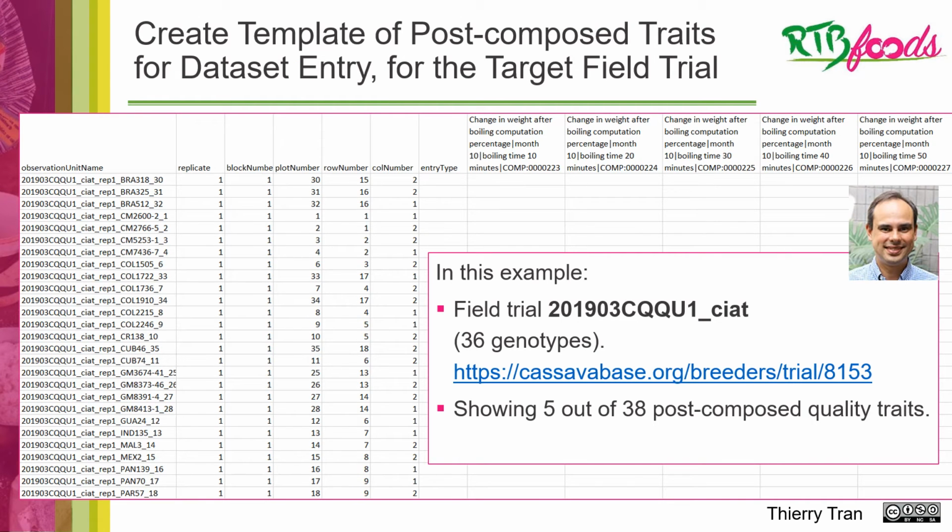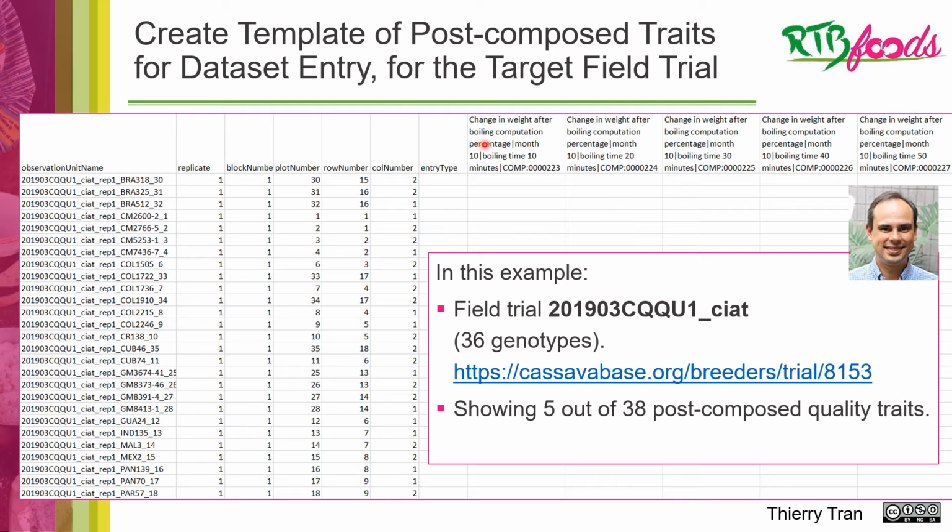Here we have a template to upload post-composed traits for a trial. The trial is stored in Cassava Base with 36 genotypes, and there are 38 post-composed traits associated to this template. However, in this slide, I am showing only 5 different post-composed traits.